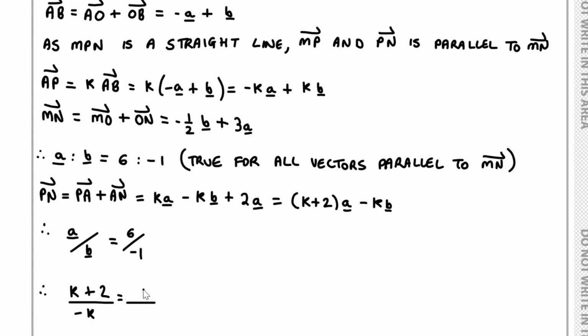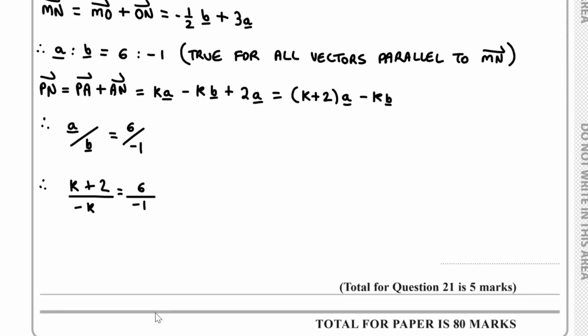This is equal to 6 over minus 1. And the minuses cancel out. So if we rearrange as well, first of all, minuses cancel out, so we're left with, multiplying through by k as well, k plus 2 equals 6k. So therefore, 5k equals 2. So therefore, k equals 2/5. So we've got k equals 2/5.